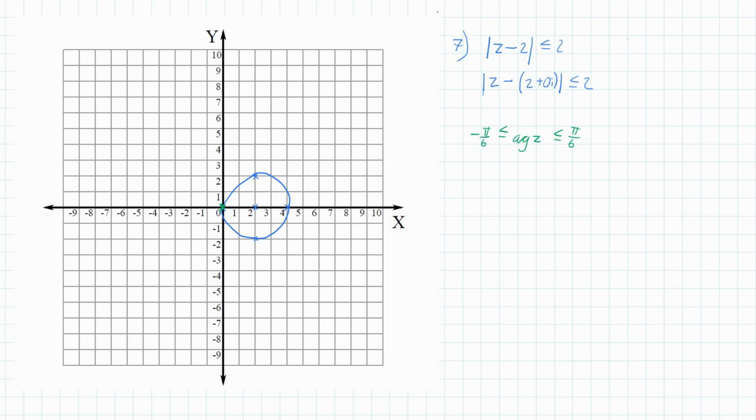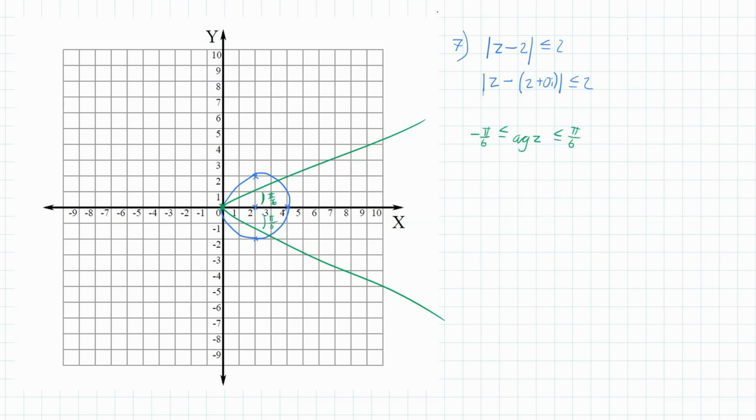So we've got something that goes out like this, and something that goes out like this. So this angle here is pi over 6, and this angle here is pi over 6.